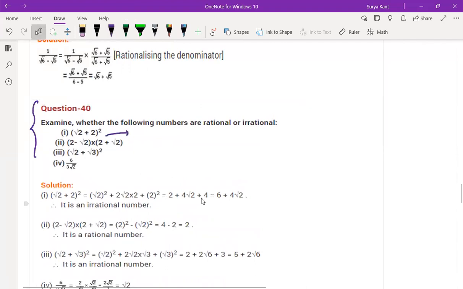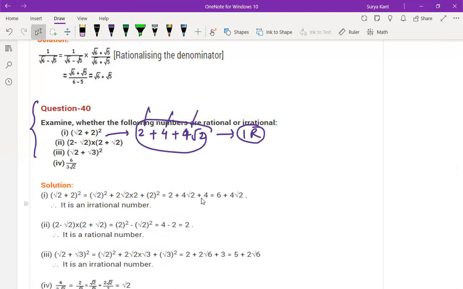Root 2 whole square is 2, a square plus b square plus 2ab, 2 2s are 4 root 2. So this is an irrational number. If root 2 is coming anywhere, you should consider the whole number. You should not consider this part rational and this part irrational. If you are adding something irrational, the whole number is irrational.